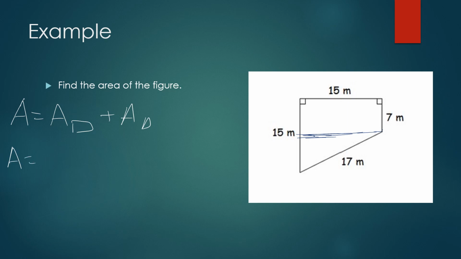The area of the rectangle is 15 times 7, because it's length times width. Now here we have to figure out the base and the height of the triangle. We know the base is 17. We're going to let the height right here be a number. But what number is it?